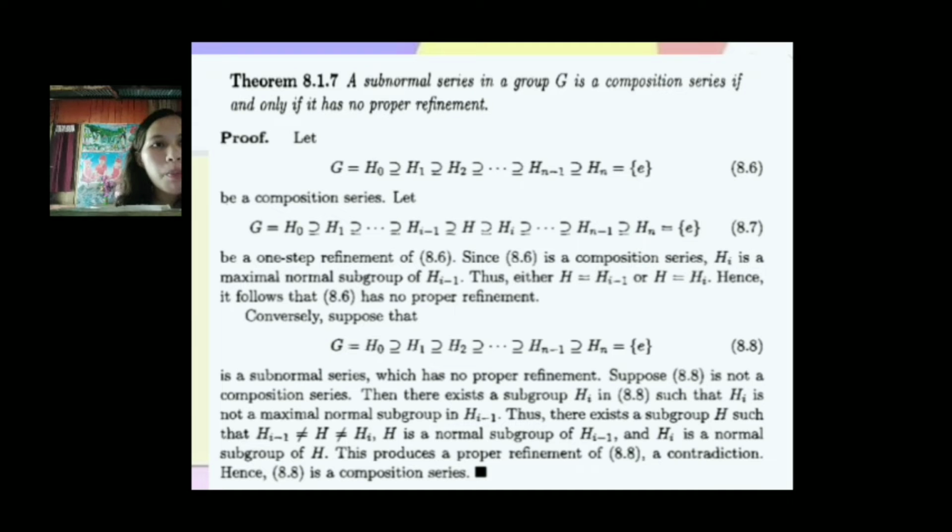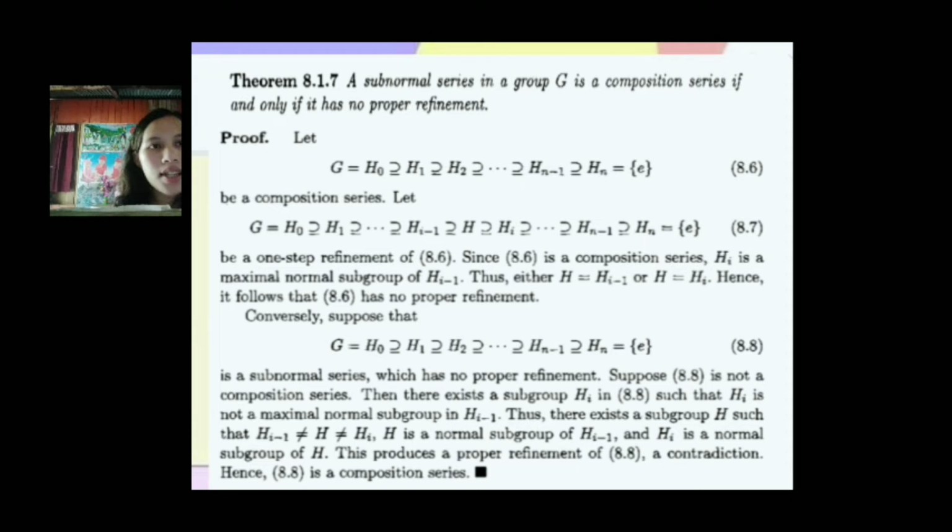Suppose 8.8 is not a composition series. Then, there exists a subgroup H_i in 8.8 such that H_i is not a maximal normal subgroup in H_{i-1}.